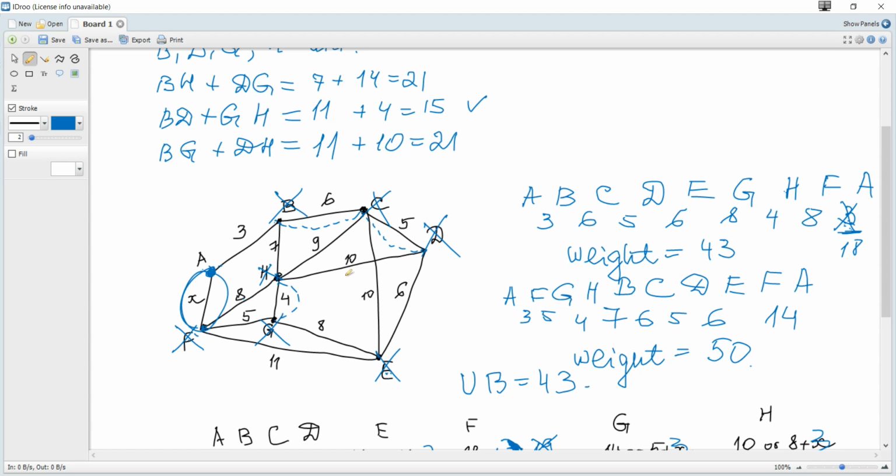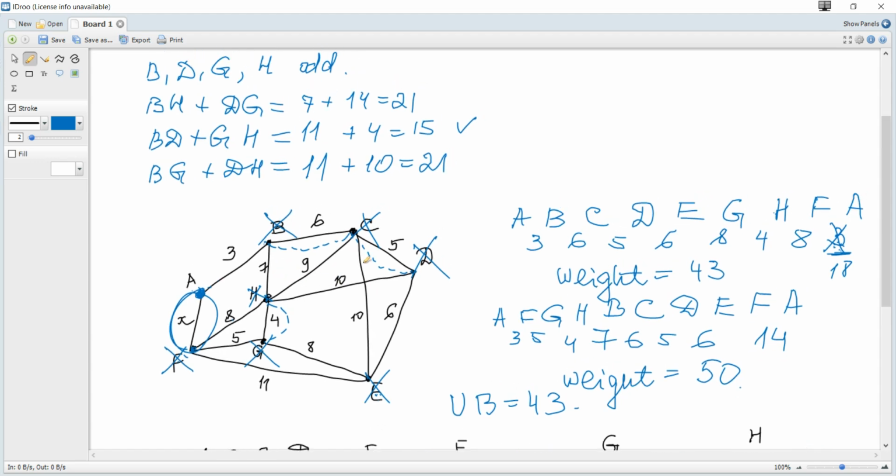Now our new graph with added edges becomes Eulerian, and there will be an Eulerian circuit, but some edges will be visited twice. And now you can see that all vertices are of even degree.